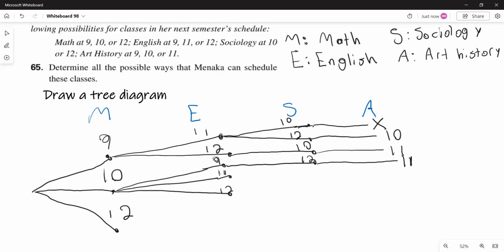If she takes math at 10, English at 11, she can take sociology at 12. And art history at 9. If she takes math at 10 and English at 12, well, she cannot take sociology. And finally, if she takes math at 12, she can take English at 9 or 11.